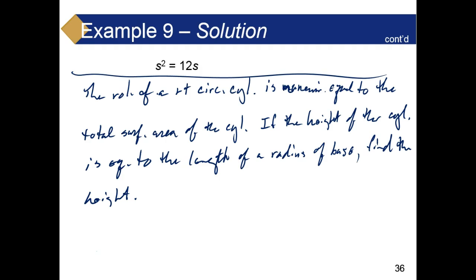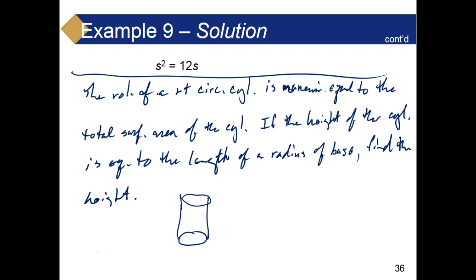Does anyone know what a right circular cylinder is? It's a tin can, okay? It's a circular base, and it has a height. That's a pretty ugly one, but that's what a right circular cylinder is.